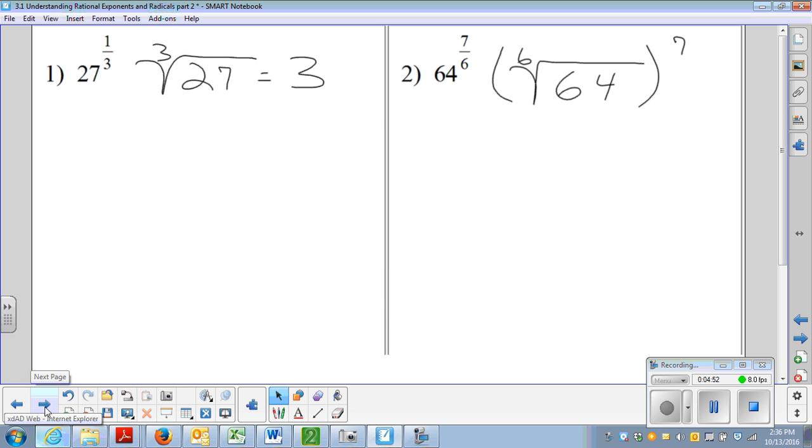Okay, now we can type in our calculator, find the 6th root of 64, and it's going to be 2. Then the next thing you want to do is raise the 2 to the 7th power. That's going to get us 128.